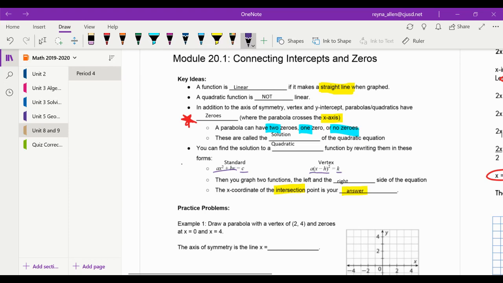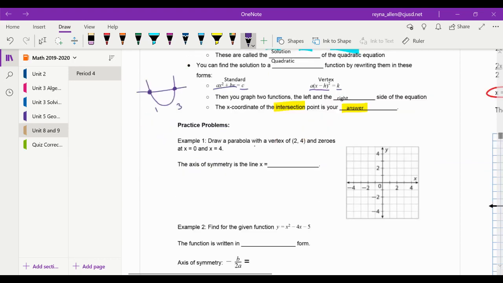So just as a quick sketch, let's say this was our parabola, this was our horizontal line, the points in which they intersect, let's say this is at 1 and then this is at 3, that would be your zeros. So I would have zeros at 1 and I would have zeros at 3. But that's only if you want to do them in this format. We're going to try this example.